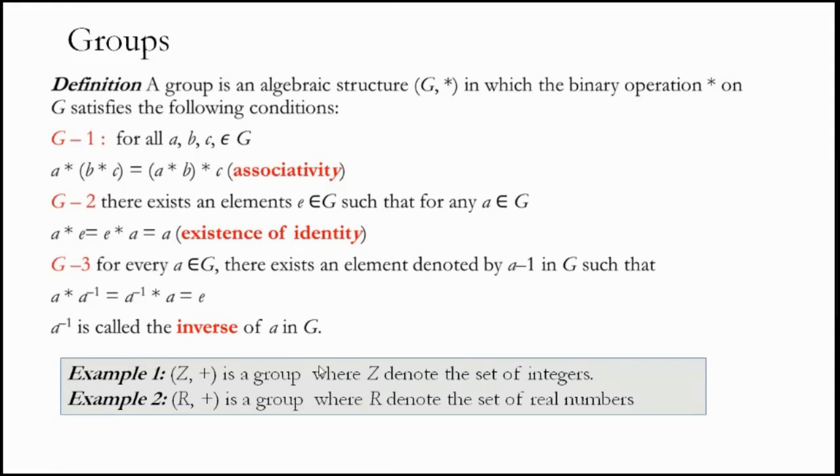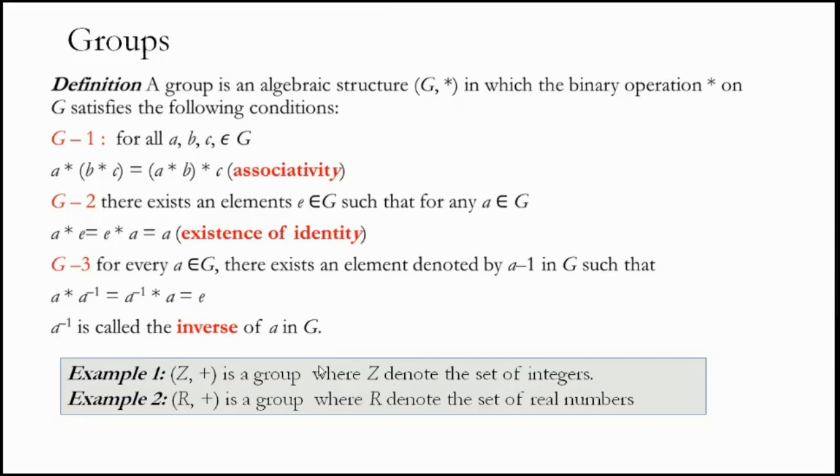It should have the associativity property, the existence of an identity, and it should also satisfy the inverse property. The first condition is, for all A, B, C belongs to G, (A star B) star C is equal to A star (B star C), which is associative.